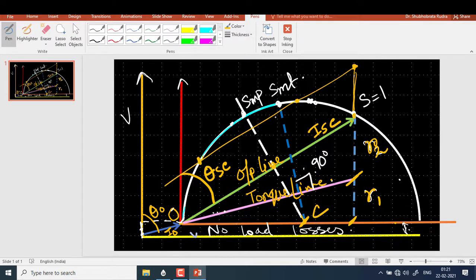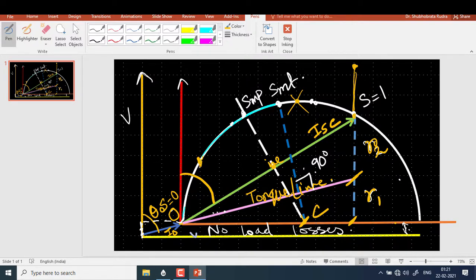Now the point which is between S equal to 0 to S equal to SMT, in this cyan color region, you should consider that point, and the other point must be discarded because it represents an unstable point.